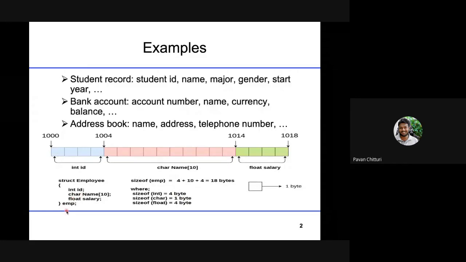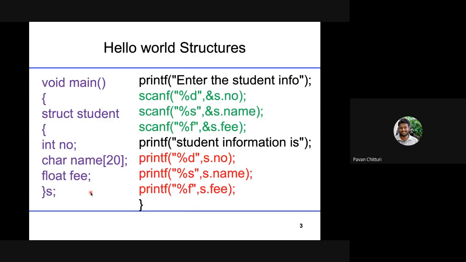It has an integer, a character array, and a float. Altogether 4 plus 10 plus 4, 18 bytes of space. Each block represents 1 byte of space. So the employee structure needs 18 bytes of memory to store three different values. And how to access these three different values? This is how you write it in your program.